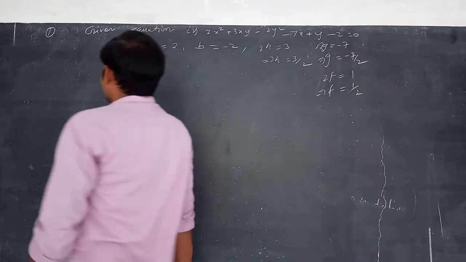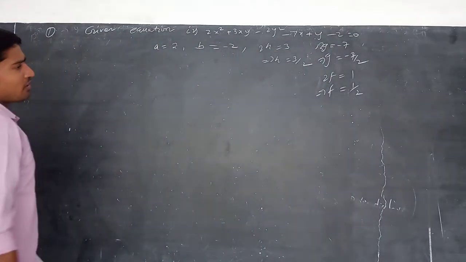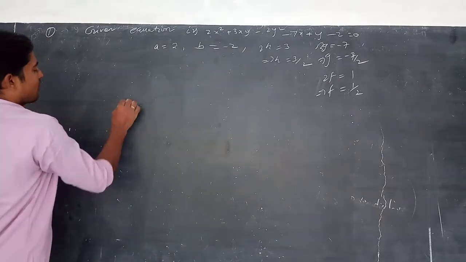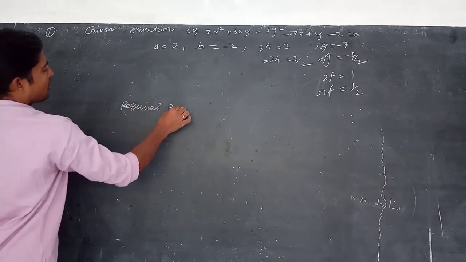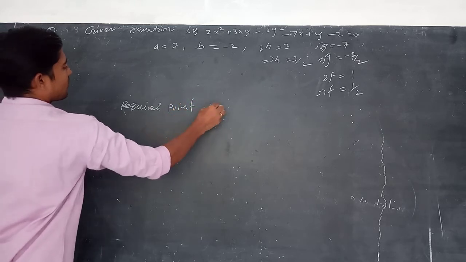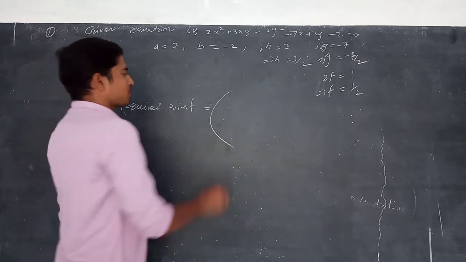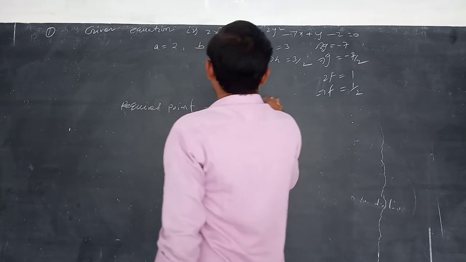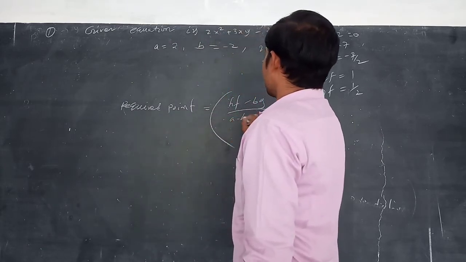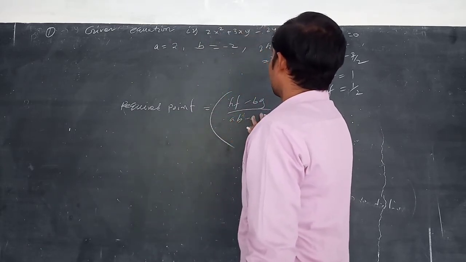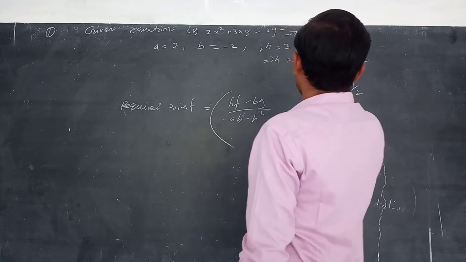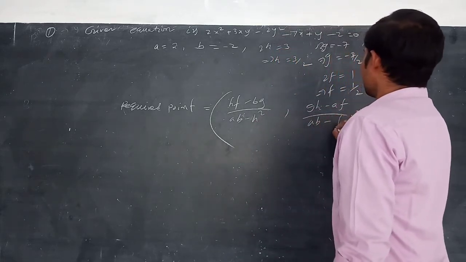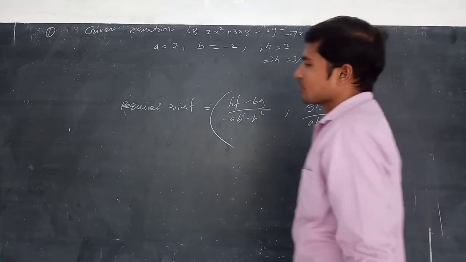Understood? So the required point is (hf minus bg) by (ab minus h square), (gh minus af) by (ab minus h square).